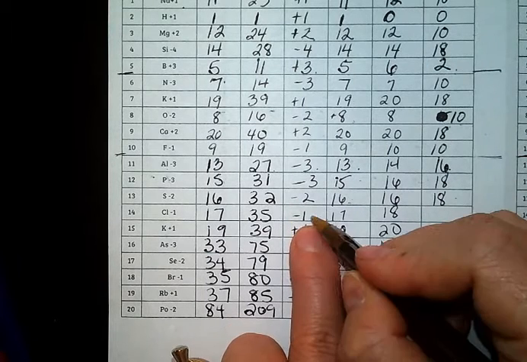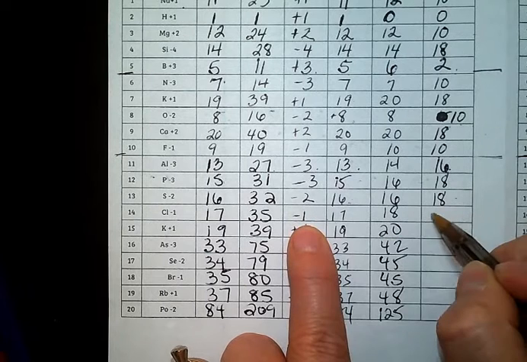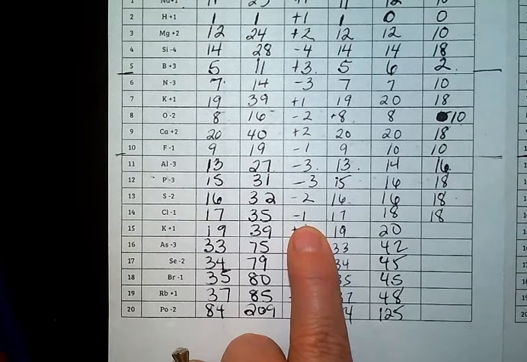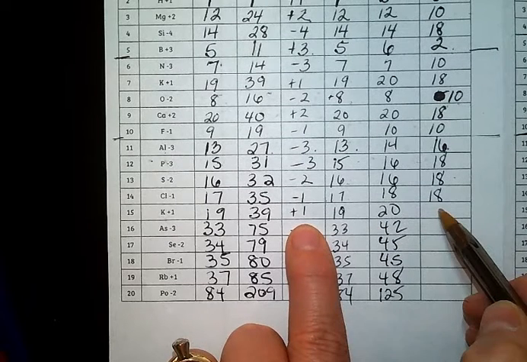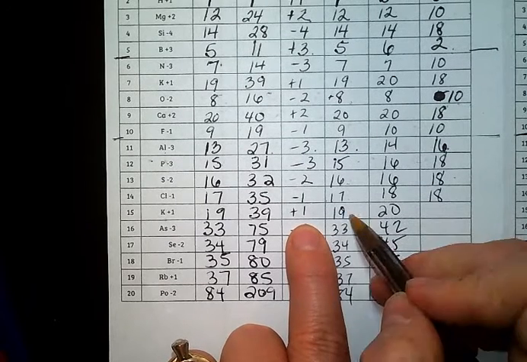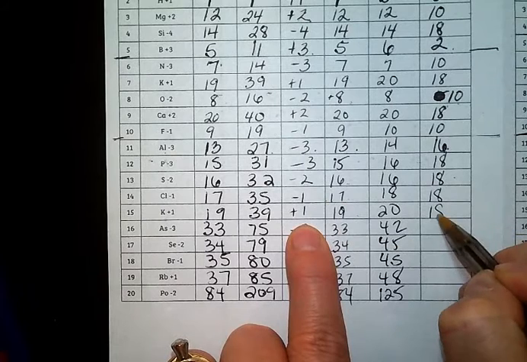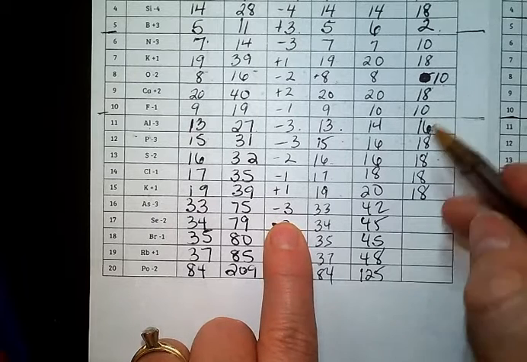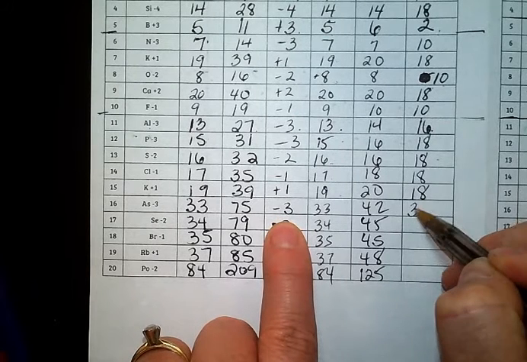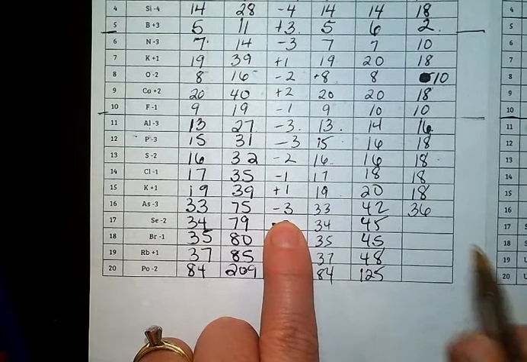In this one, a -1, that means I have 1 more electron than I do a proton, so that's 18. In this one, I have 1 less electron than I have a proton because I have a +1 charge, so that's 18. If I do a -3 here, that means I have 3 more electrons than I do protons, which is going to give me a 36.